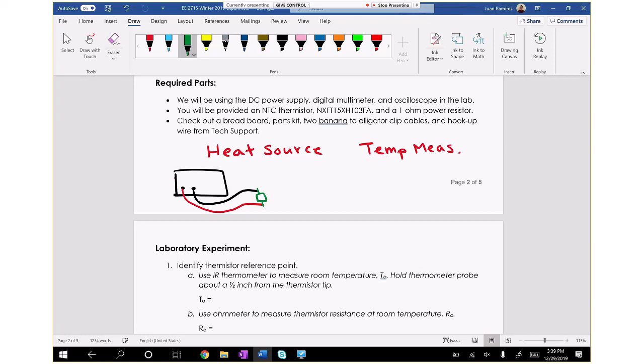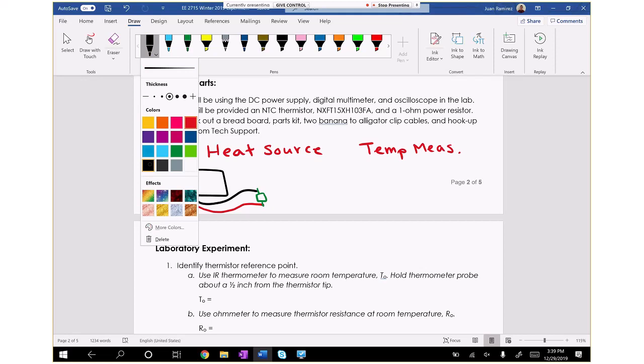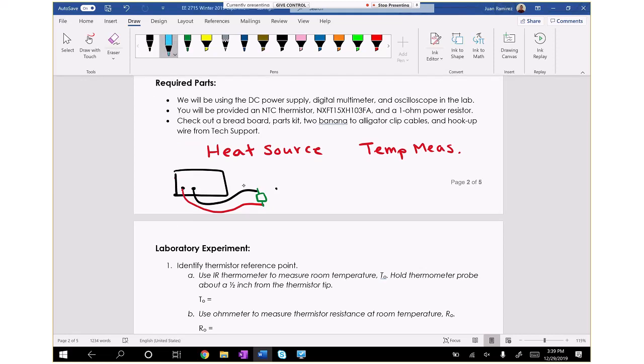And what we're going to do is put the DC power supply in current limit to supply 1.5 amps DC through your power resistor.